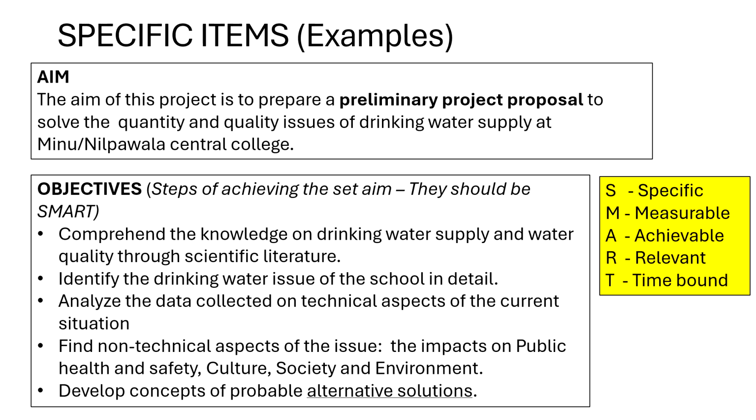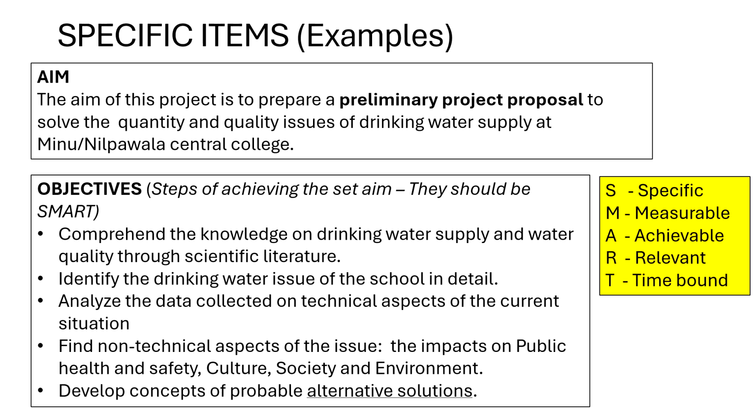So develop is a high order verb when it comes to teaching and learning. To develop something, you need to identify, you need to comprehend, you need to analyze, you need to do all those things for you to be able to develop something, right? So that is something new that is coming with an understanding, scientific background.